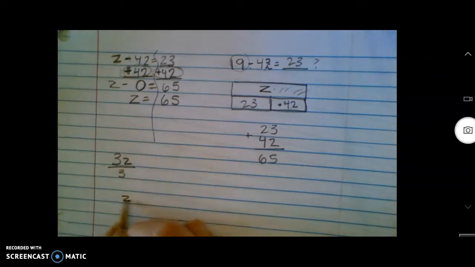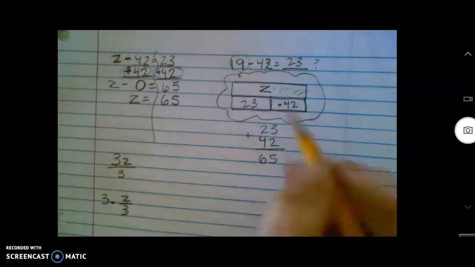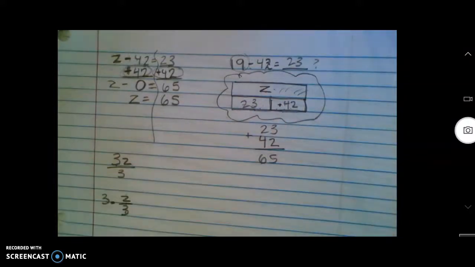If I had z divided by 3, then I would need to multiply by 3, because the inverse of what's being done is how we solve it. But again, using these tape diagrams as your model would give you exactly that: 23 and 42 together give you z.